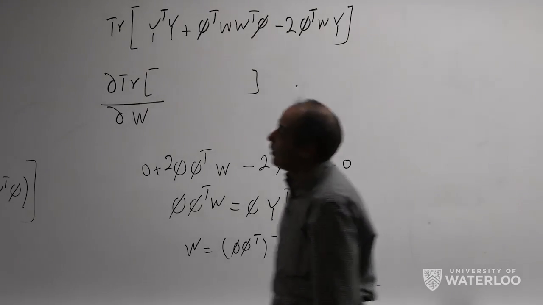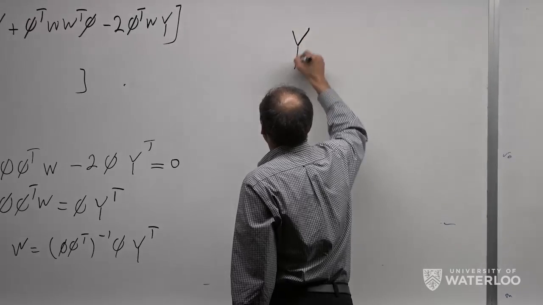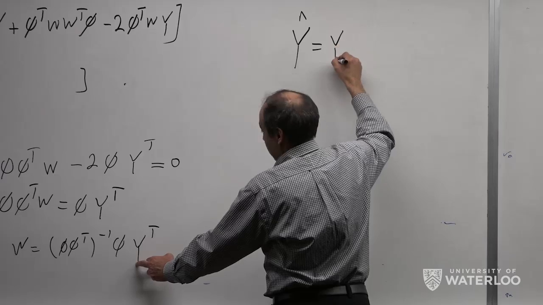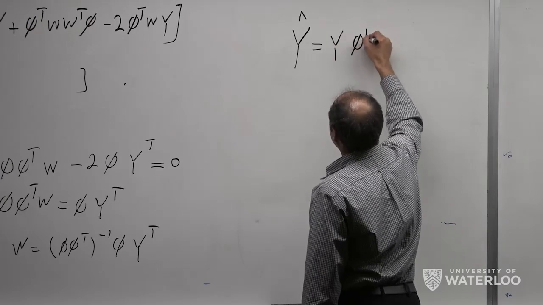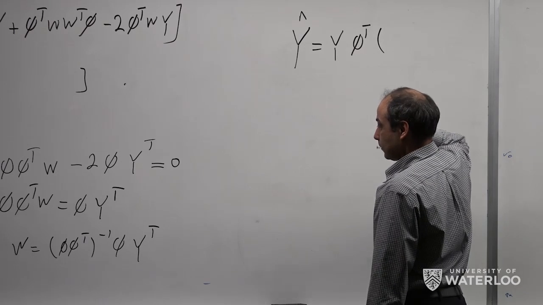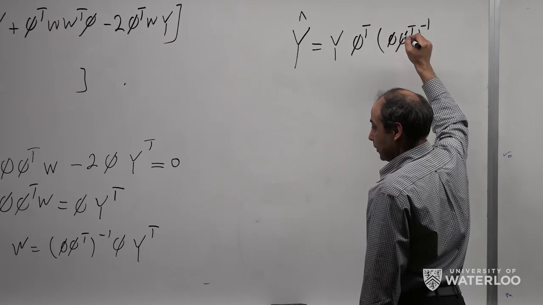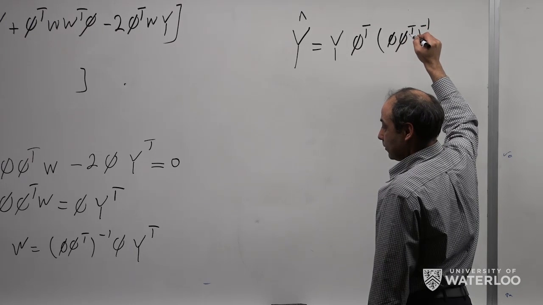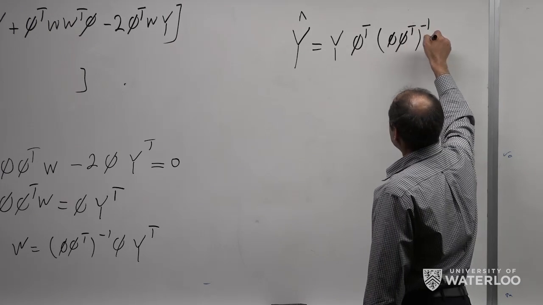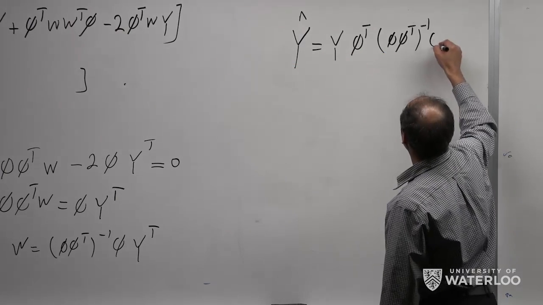And then Y is W transpose phi. So my estimate, or y hat, is W transpose, meaning the transpose of this, which is y, phi transpose, phi phi transpose inverse, times phi.